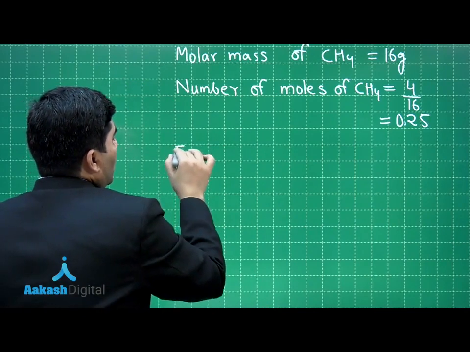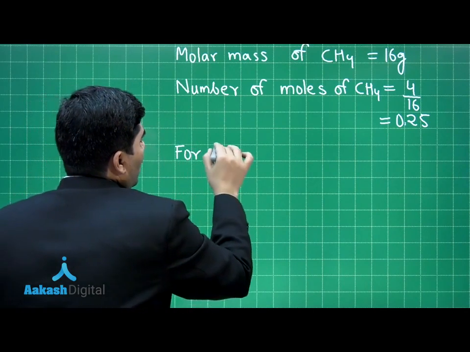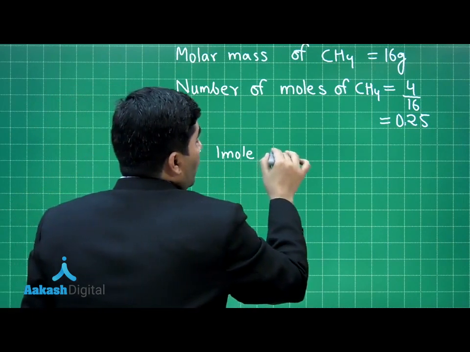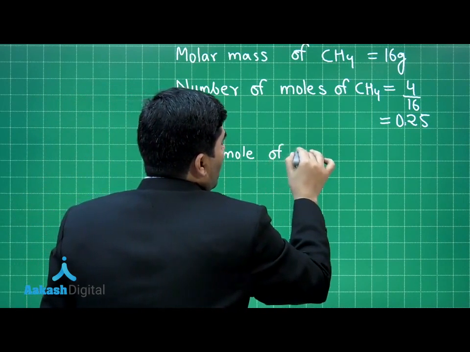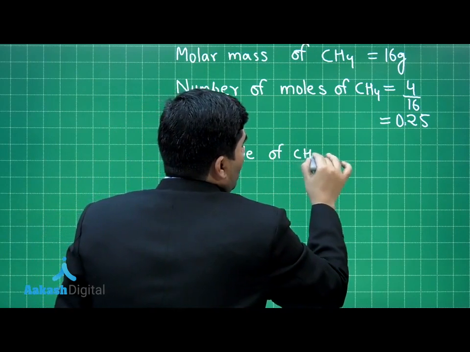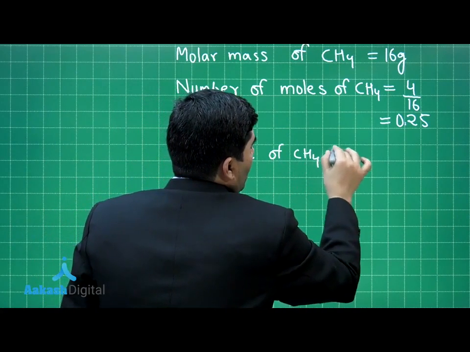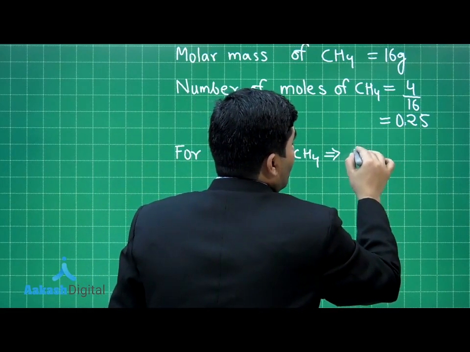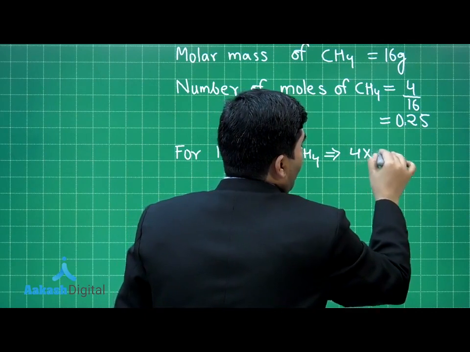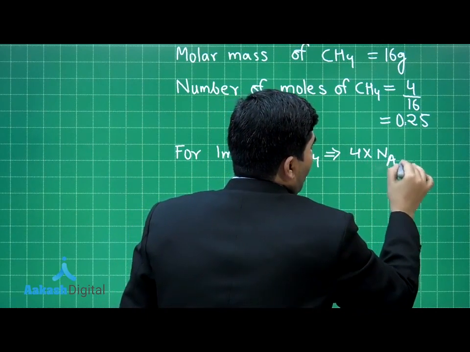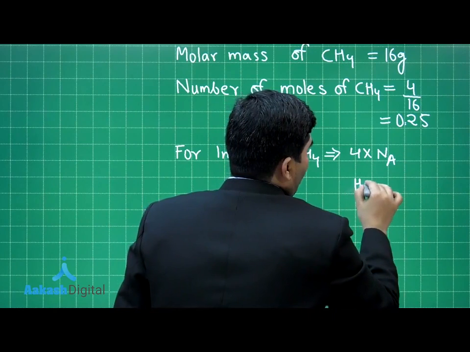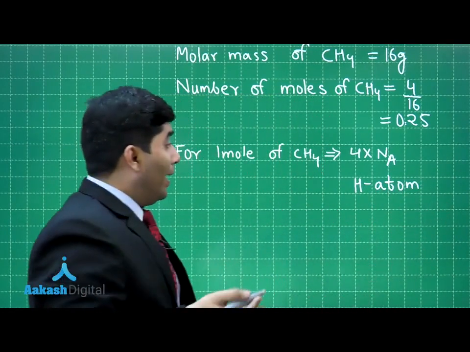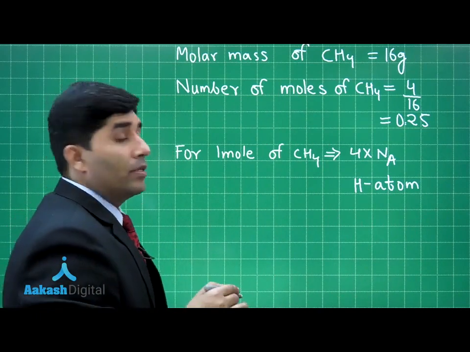So, for one mole of methane, we will have 4 into Na, that is Avogadro number, hydrogen atoms, right?